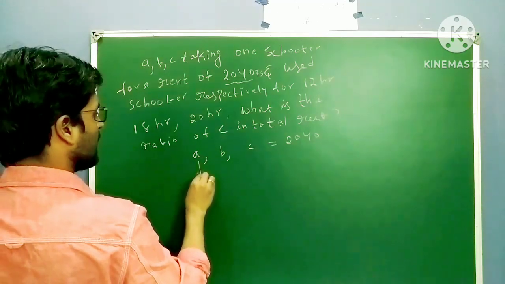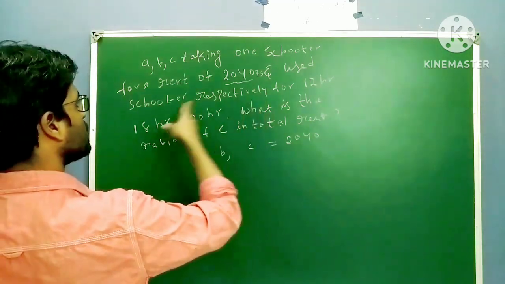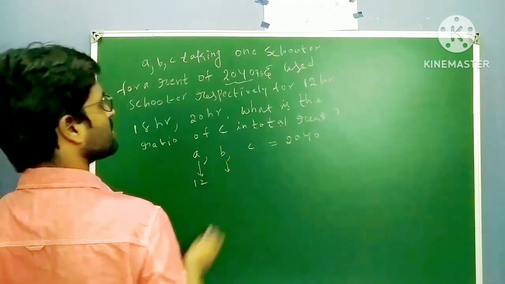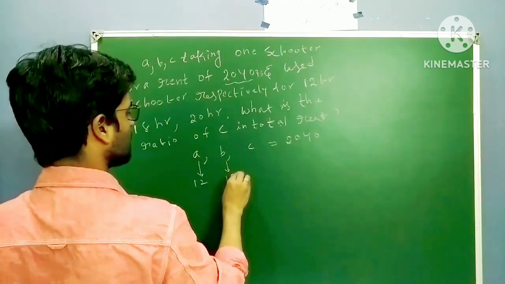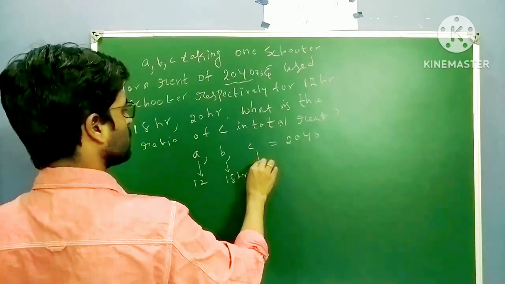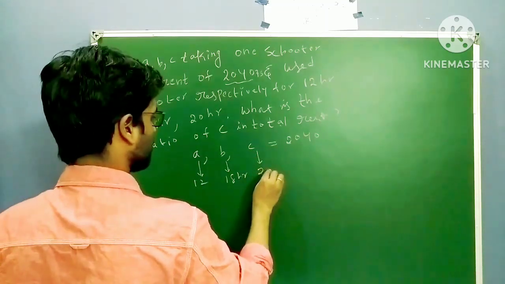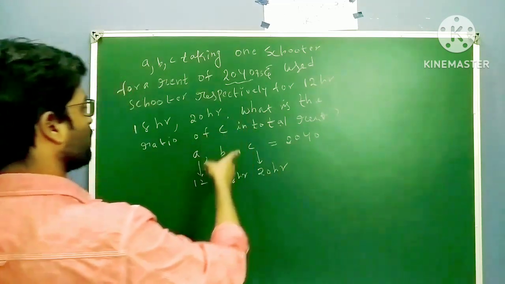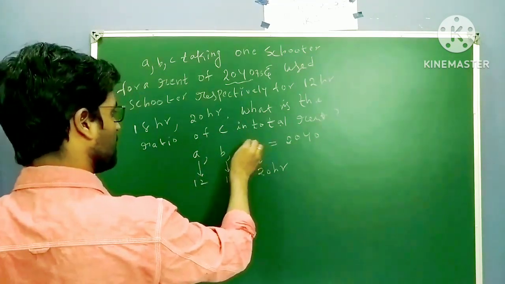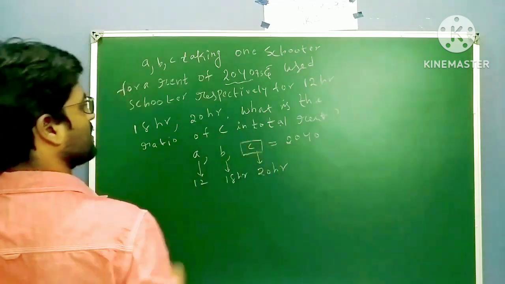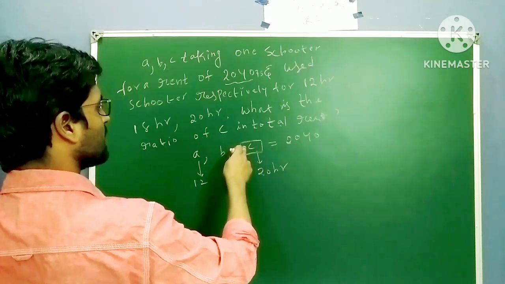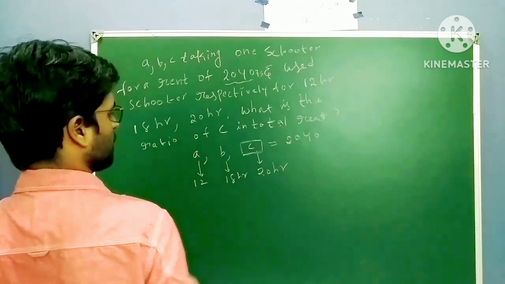A used this scooter for 12 hours, B used the same scooter 18 hours, C used the same scooter 20 hours. Now you have to know how much C paid in the rent.